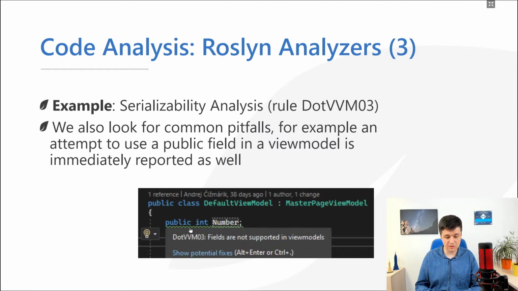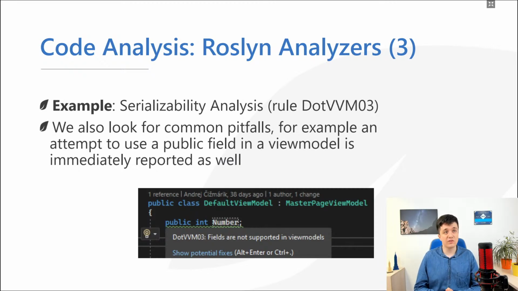In this example, the user tried to write a public int field and it got caught using our Roslyn analyzer. So just to conclude, in terms of code analysis, we now have two pretty powerful tools. The first being, of course, the Visual Studio extension for .vvm, a pretty powerful tool that has been around for many .vvm versions.